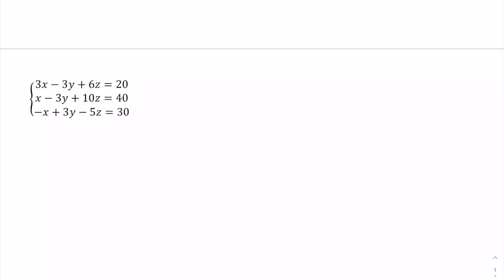elimination. So if I look at row 2 and row 3, if I add those together, I can cancel x really easily. So we're going to add row 2 and row 3. Again, we just write and carry over the first 2 rows because we're not doing anything with those.